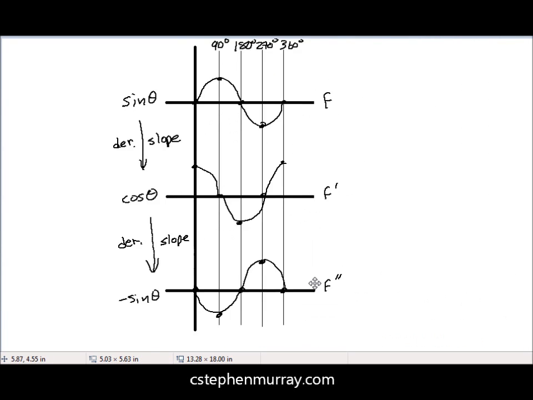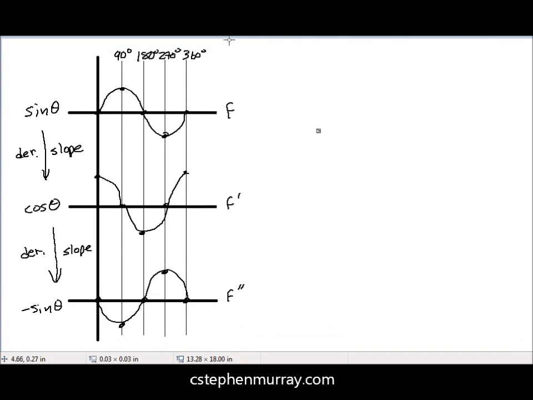Now let's look at some very interesting things here. If we wanted to find the maximums, this is a max and this is a min.